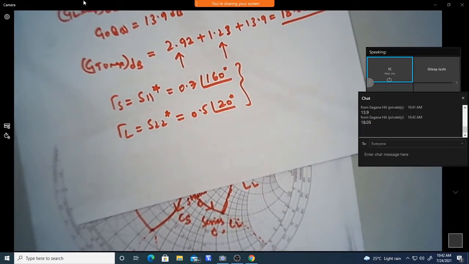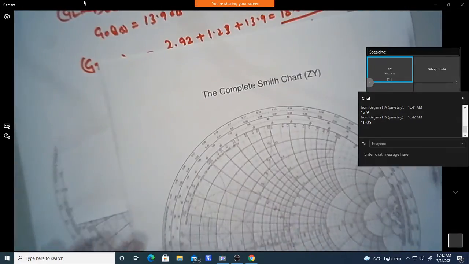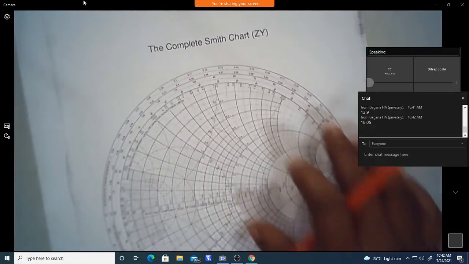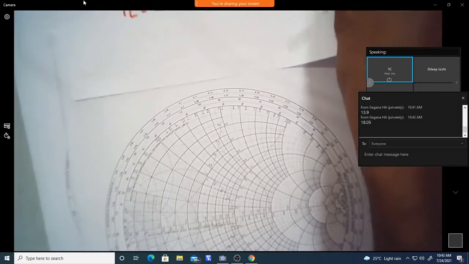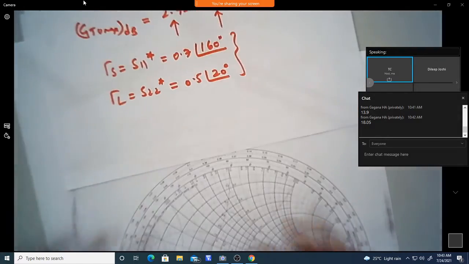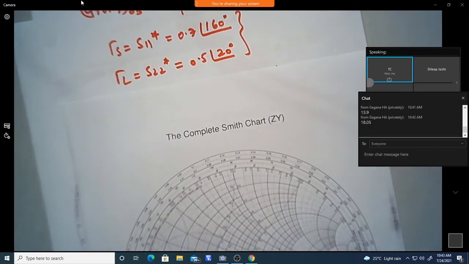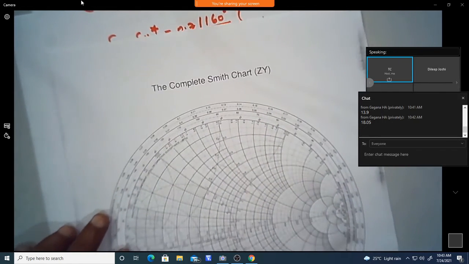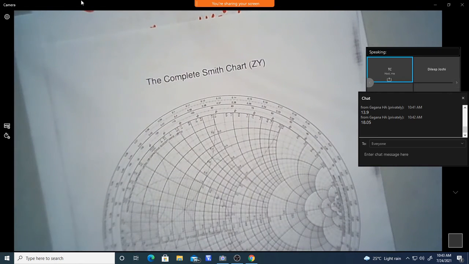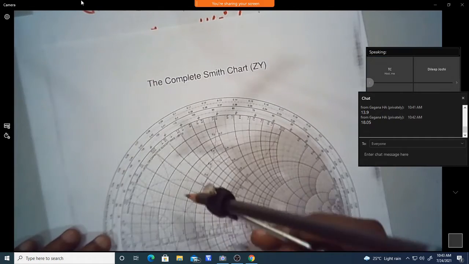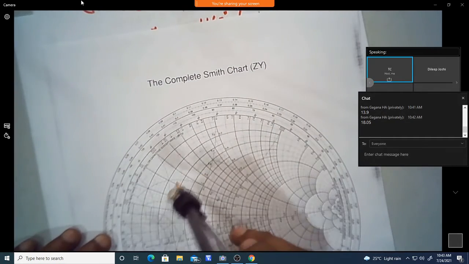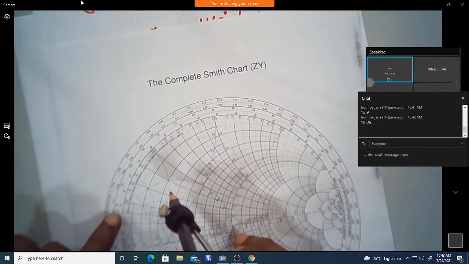Then we have to get the required matching network. So now we can mark this 0.7 at an angle 160 degrees. Take the 0.7 radius and then 160 degrees where it is. So here 160 degrees is there.